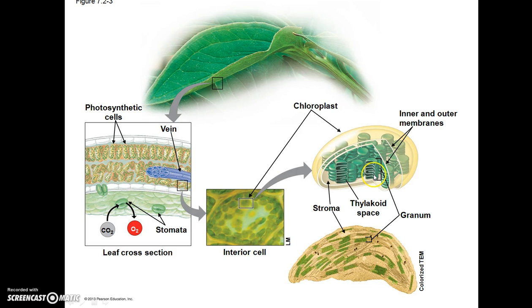A stack of thylakoids is known as a granum, and the stroma would be the thick fluid that surrounds the thylakoids. Just like a mitochondrion has an inner and outer membrane, a chloroplast also has an inner and outer membrane. So it's going to be important to know this when we get into more details of how the Calvin cycle works as far as the hydrogen ion concentration gradient there.